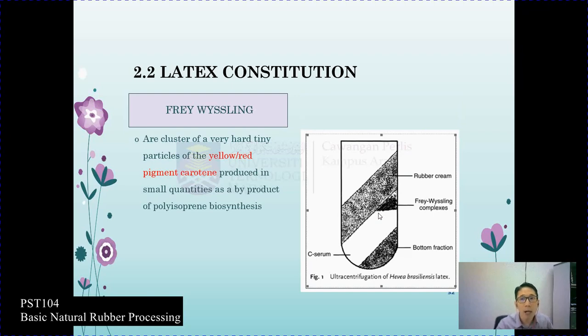Very small amounts of constitution. A cluster of very hard tiny particles of the yellow-red pigment carotenoid, produced in small quantities as a byproduct of polyisoprene biosynthesis. This is a byproduct. They barely contribute any function, but they exist in latex constitution. This is the illustration, where we have the bottom fraction, C serum, free Wesleyan, and the rubber itself.